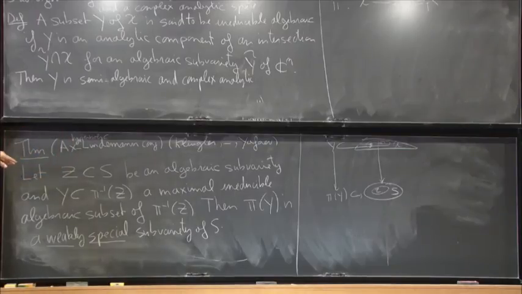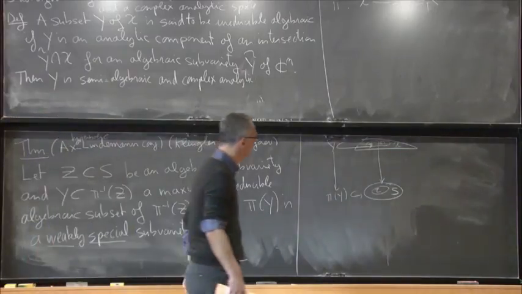And I only give a definition of weakly special for positive dimensional varieties, because a point is not very interesting. Lindemann is probably about points. It's the model we should try to follow, but it's not for points. It's really positive dimensional.